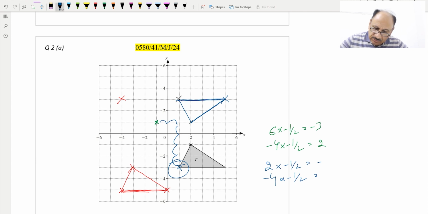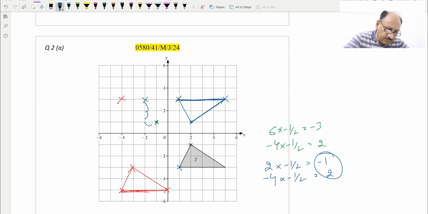This will be -1 and this one will be 2 units. So -1 and 2 from the new center which we have already identified. We'll be checking -1 on this side and 2 will be on this side up. So this will be our point, and the third point which we can identify will be this one, which is over here, and the coordinates of this point are what?